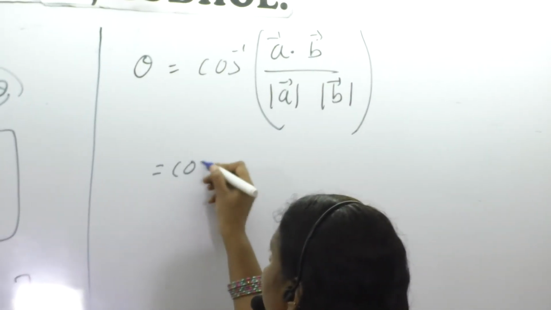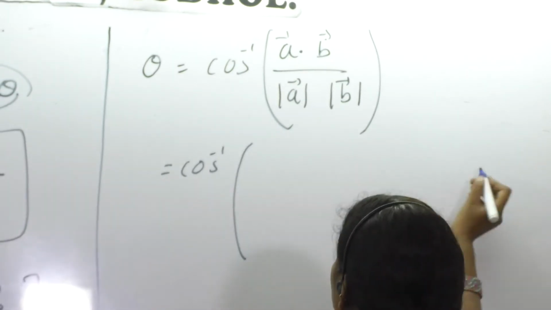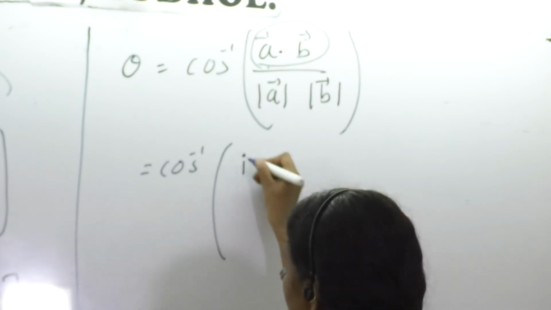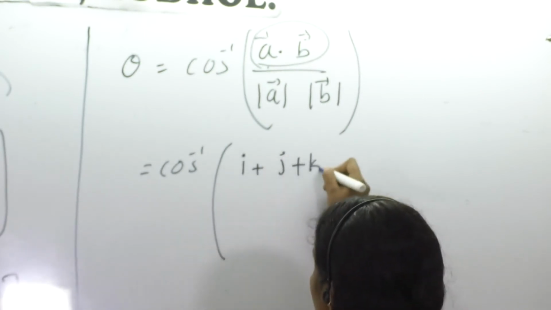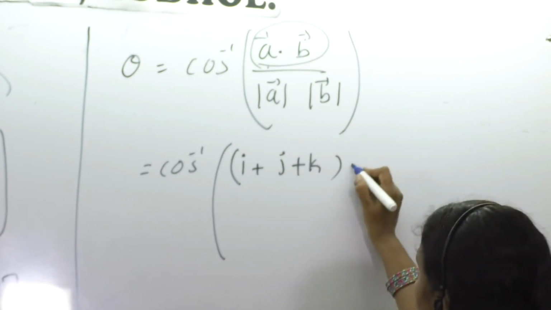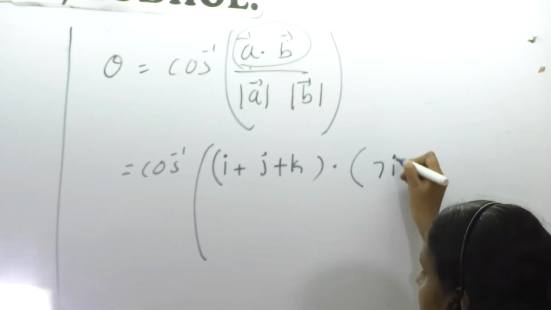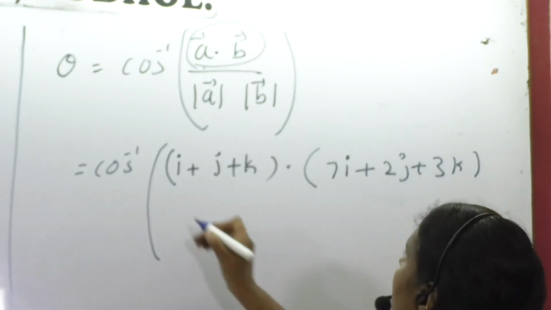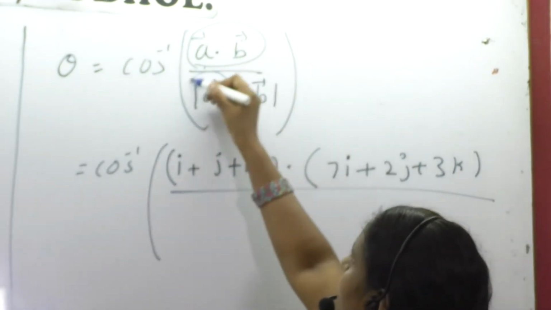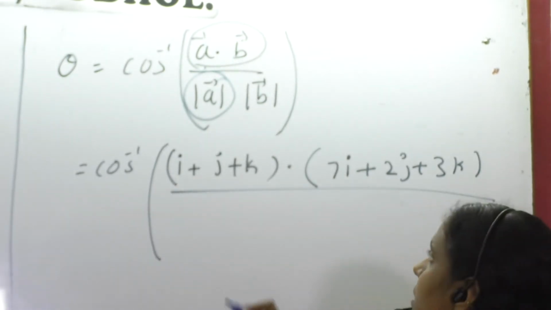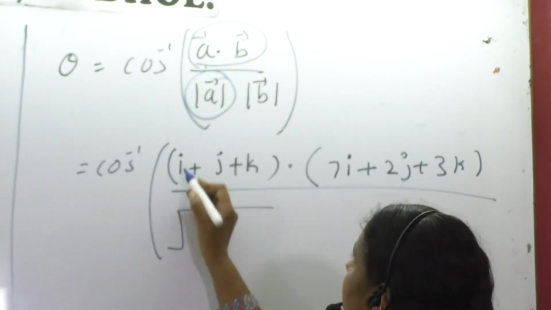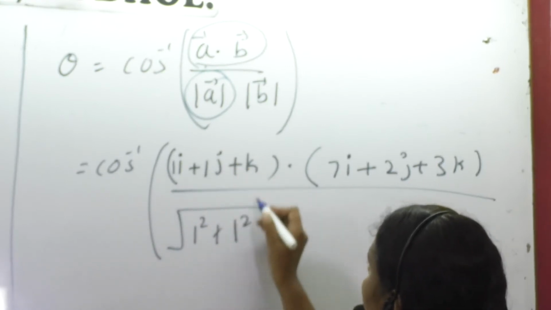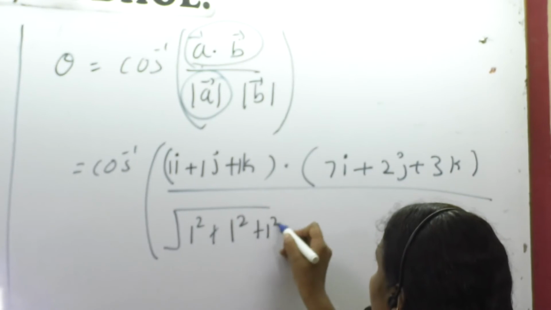So let me continue further. Cos inverse A dot B. What is A? Let me write it in detail: 7i plus 2j plus 3k, divided by magnitude A, length A. It means under square root 1 squared, 1 squared, 1 squared.